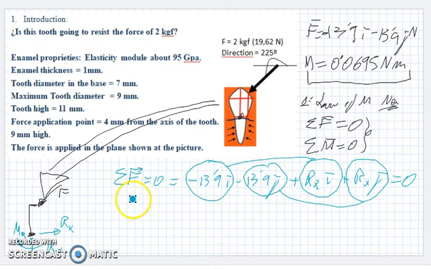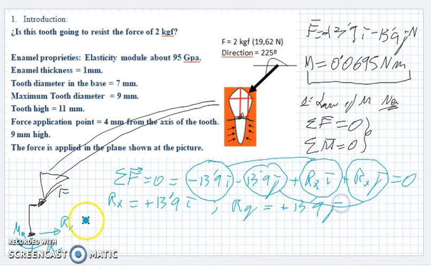So the only conclusion for that is that Rx should be plus 13.9 i and Ry for sure is going to be plus 13.9 j.